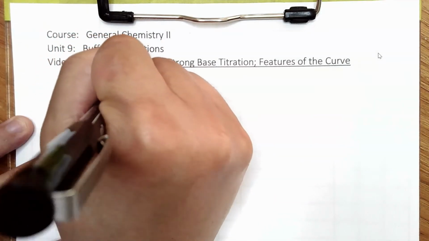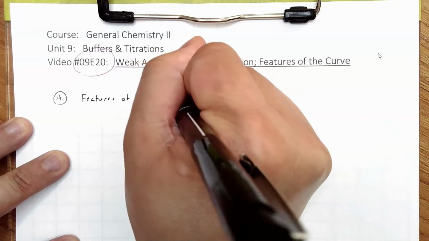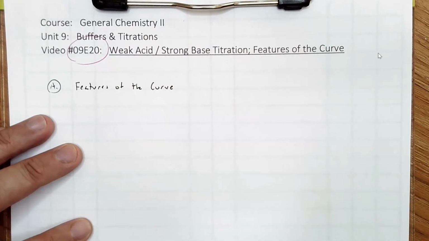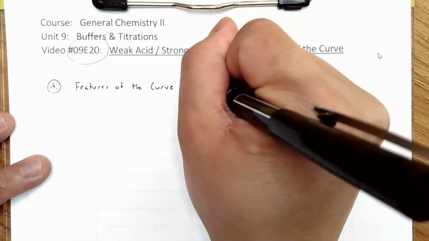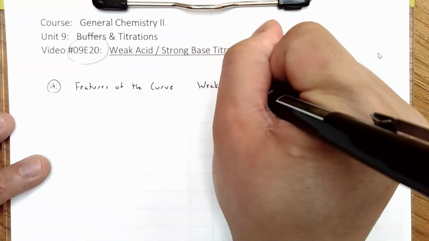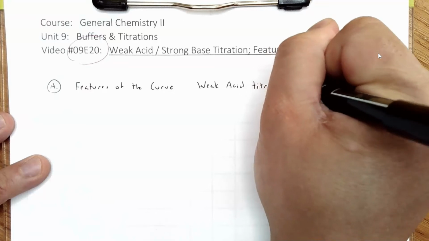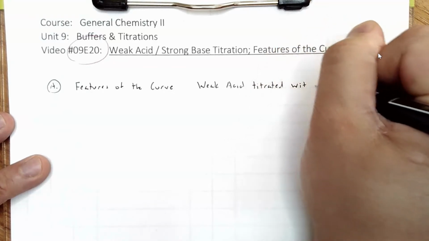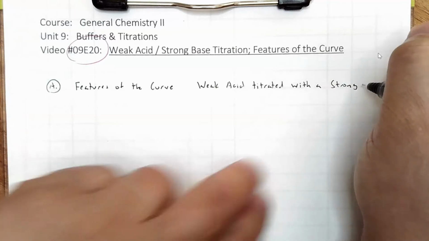Features of the curve, and let's emphasize it. This is going to be now weak acid titrated with a strong base.